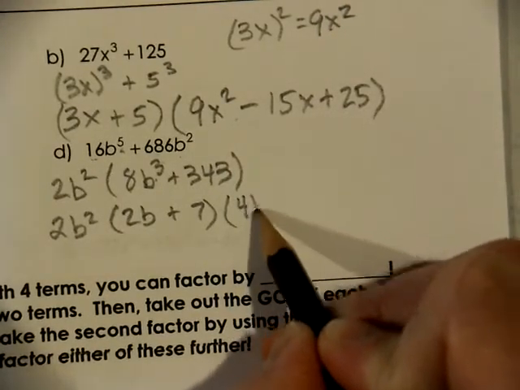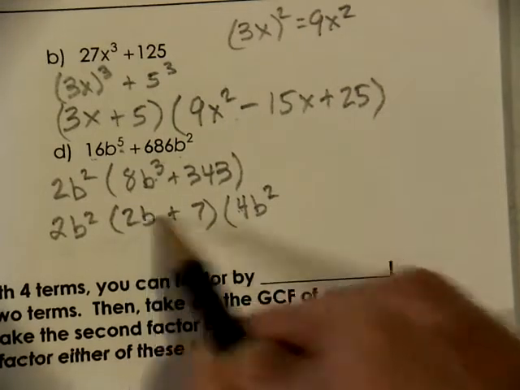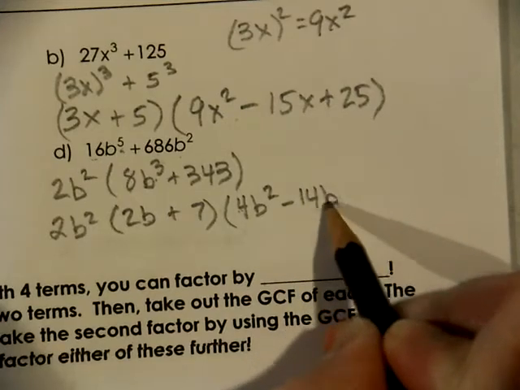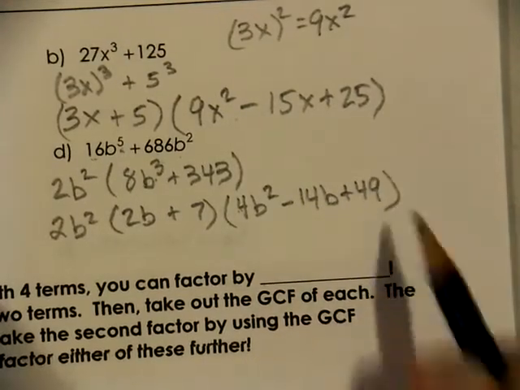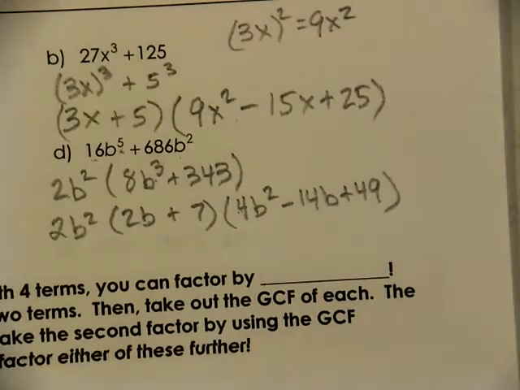So square it. You've got to square the 2 also. Square the 2, square the b. Minus 14b plus 49. So that's using the special pattern of the sum and difference of two cubes.